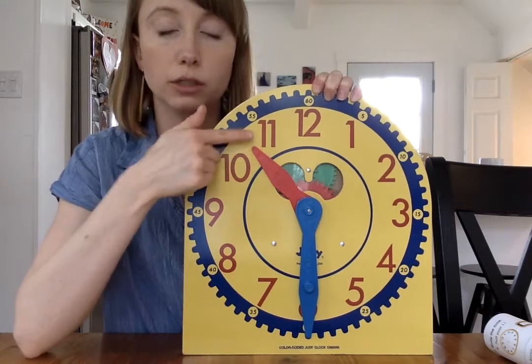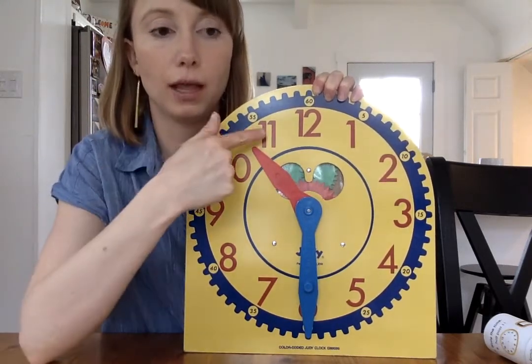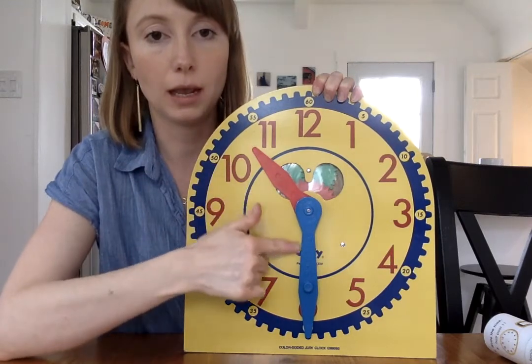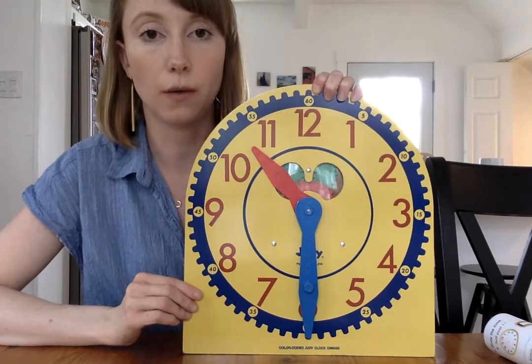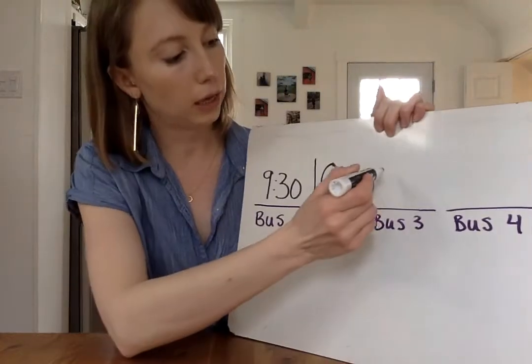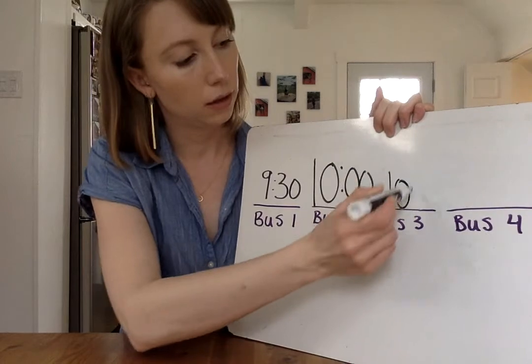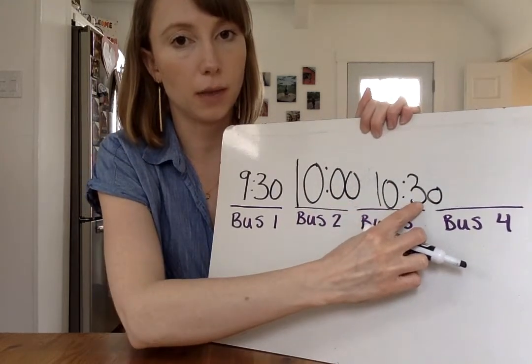Our hour hand is between the 10 and the 11, and our minute hand is pointing to the 6. What time is this showing? That's right, that is 10:30. So we know that bus 3 leaves at 10:30, the hour and the minutes.